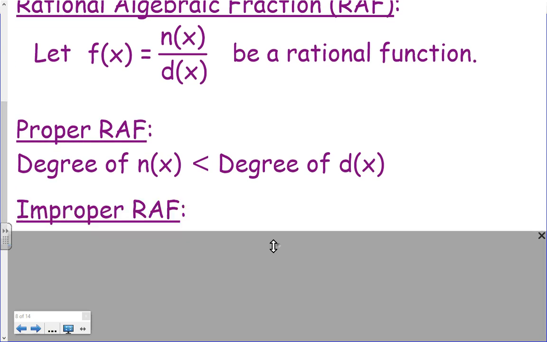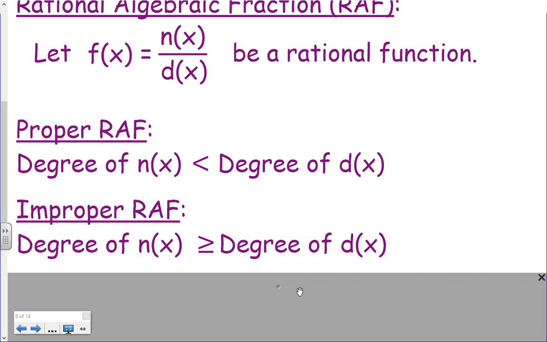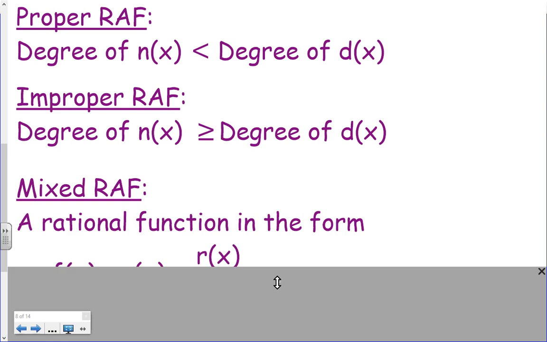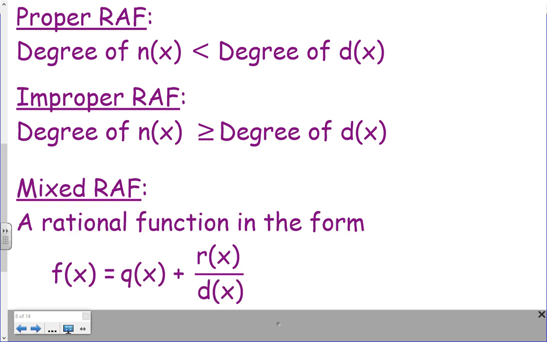Likewise, we can have an improper rational algebraic fraction if the degree of the numerator, n of x, is greater than or equal to the degree of the denominator, d of x. And again, this idea of proper fraction and improper fraction comes directly from what we know about rational numbers with our examples that we started with on this slide. And then it turns out you can simplify an improper rational algebraic fraction and get what's called a mixed rational algebraic fraction.